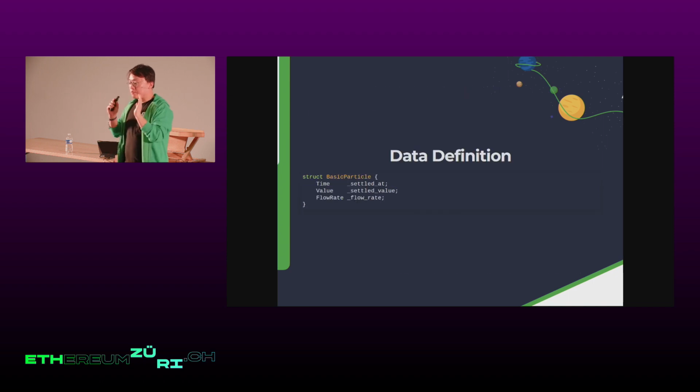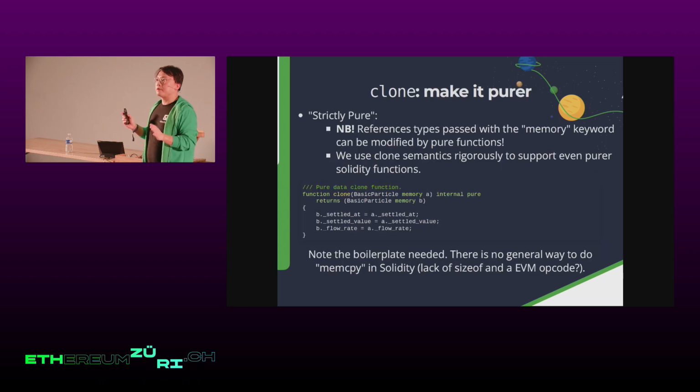Okay, before I go further, right? There's something in Solidity about pure functional programming: it is not really a pure function. Why? Because it's similar to JavaScript or some of the languages that when you have an input of the memory data type, storage indicator, you can actually modify the input, right? So this is not really a pure function in that sense.